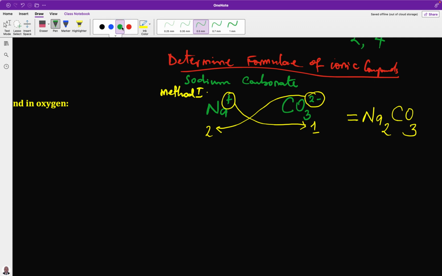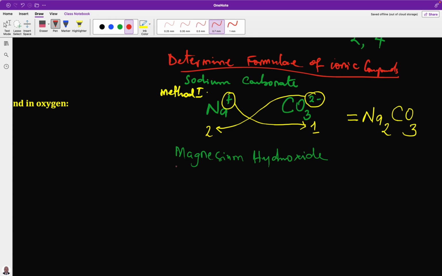If we go further to do magnesium hydroxide. Magnesium hydroxide. We need now to write the ions.